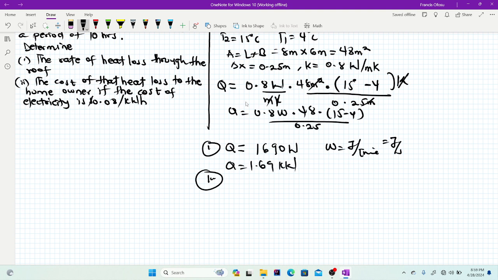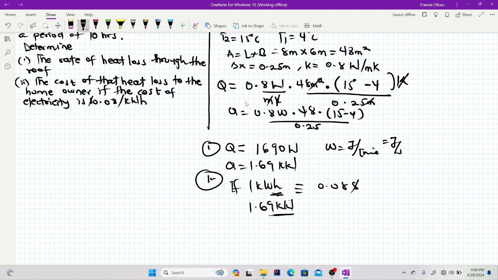With our II, the cost of that heat loss to the homeowner, if the cost of electricity is $0.08 per kilowatt hour. So we are saying that if 1 kilowatt hour costs $0.08, what will be the cost for 1.69 kilowatts? This one is in kilowatt hour, and ours is in kilowatt.